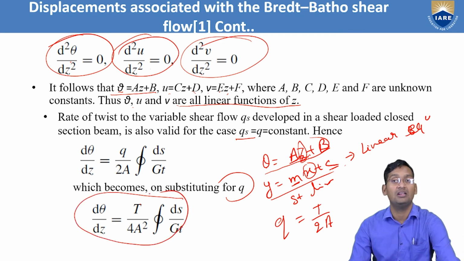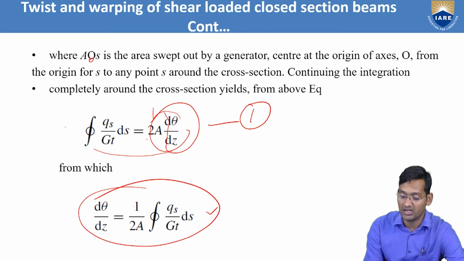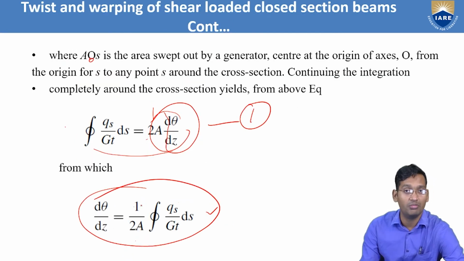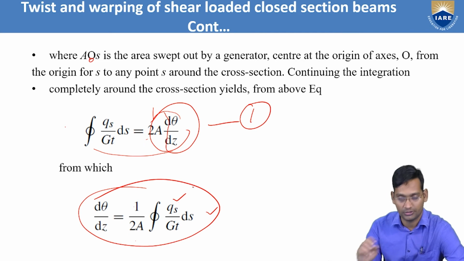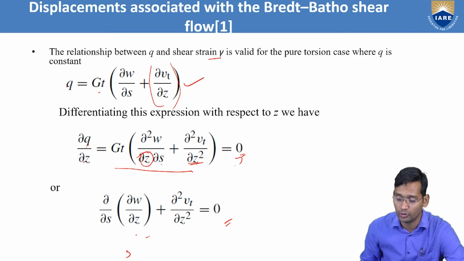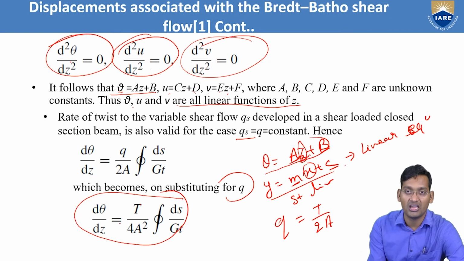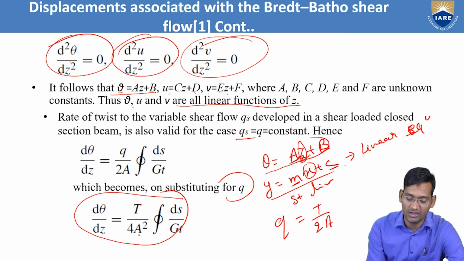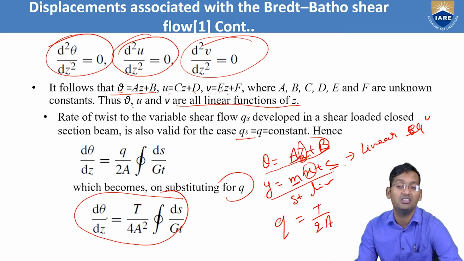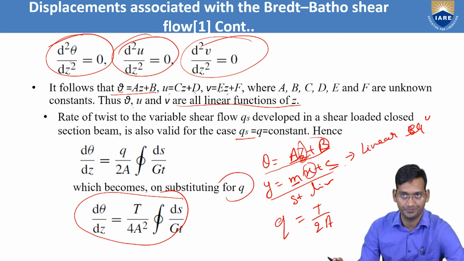In the previous equation for twisting and warping, dθ/dz is 1/2A ∮ qs/Gt ds because qs is not constant. But in the case of Bredt-Batho, qs = q is constant, so it can come out of the integration, and with q = T/2A we get dθ/dz = T/4A² ∮ ds/Gt.